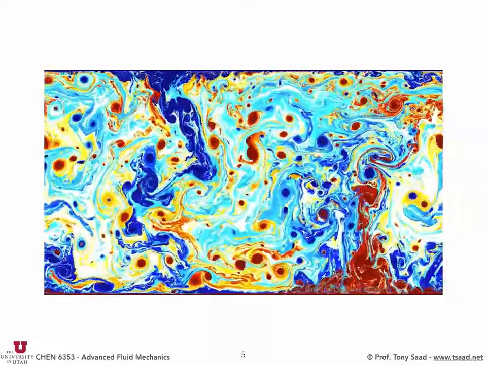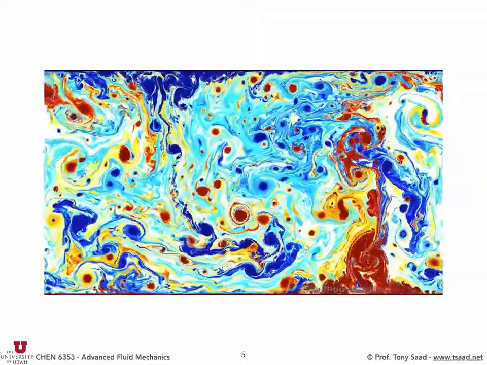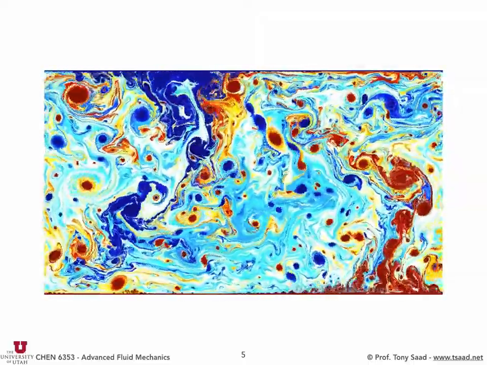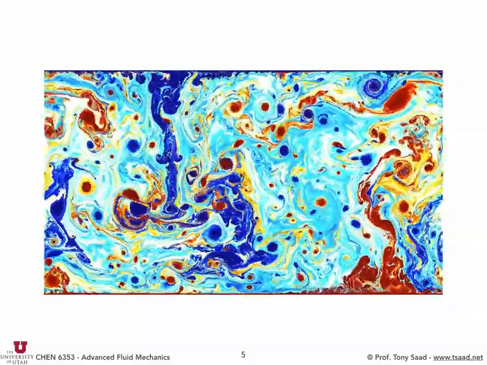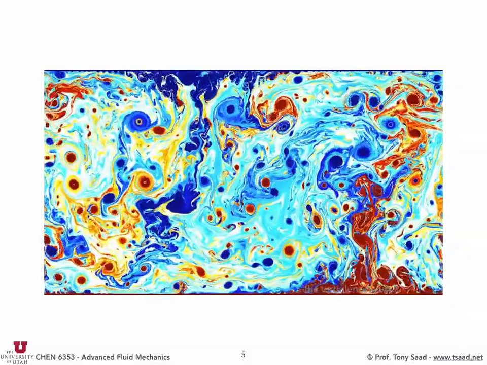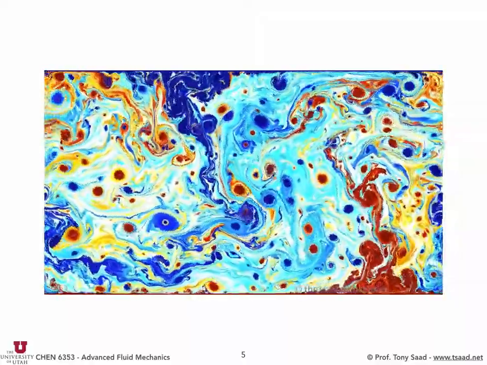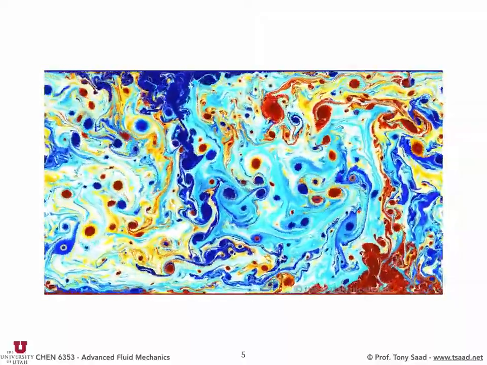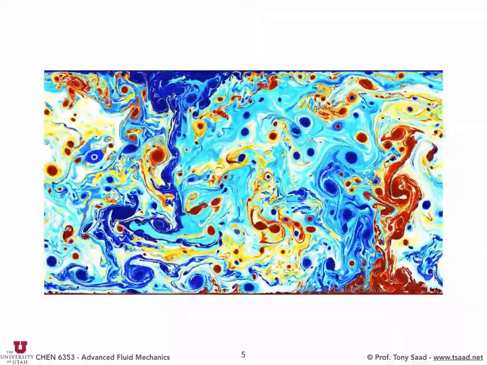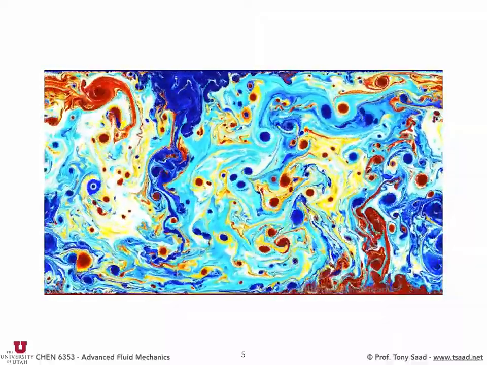Another characteristic of turbulence is that it is random and chaotic. We hear those words said all the time. But one thing to think about when you think about chaos is that you cannot repeat the same turbulence experiment and get the same instantaneous results. Okay? And the reason is not that the flow is not deterministic.